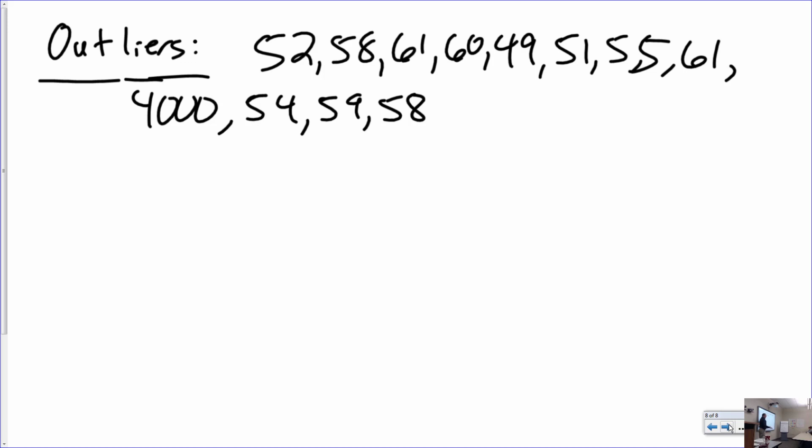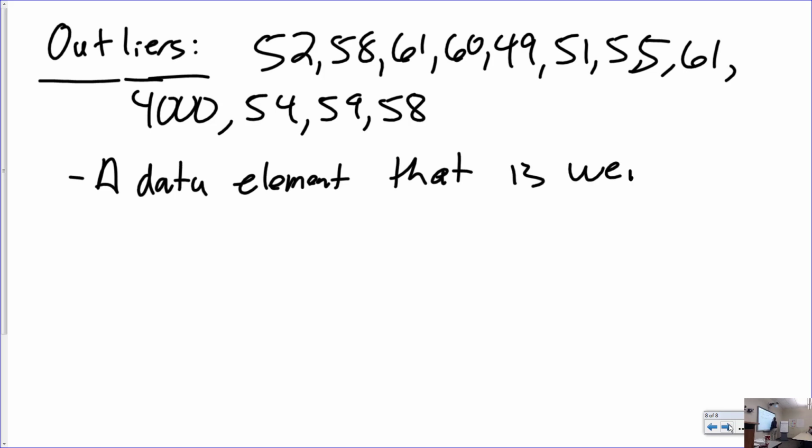It's like, where the heck did that come from, right? A number that is just nowhere within any sort of realm of reality for all of the other numbers that you gathered, okay? So basically, it's a data element that is weird. Weird, of course, does not have a mathematical terminology tied to it. But again, it's just a number that is outside of what we might consider the norm.